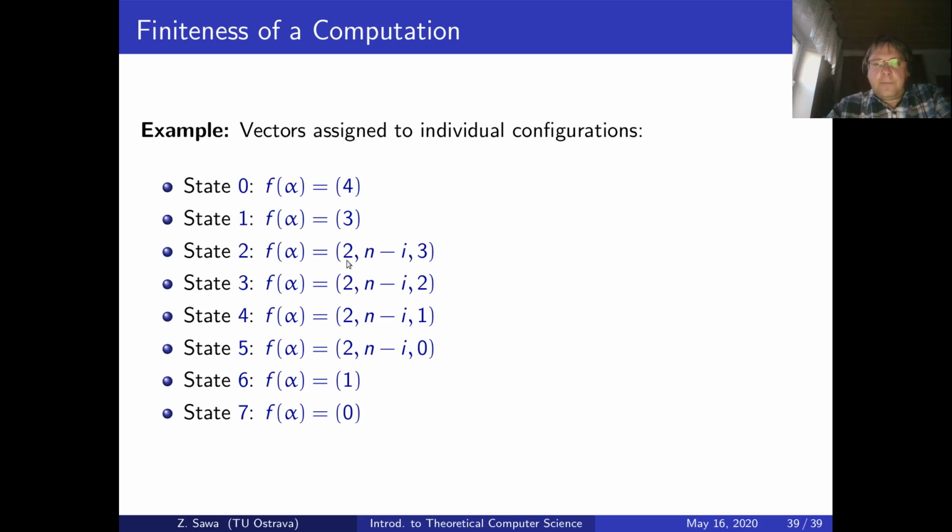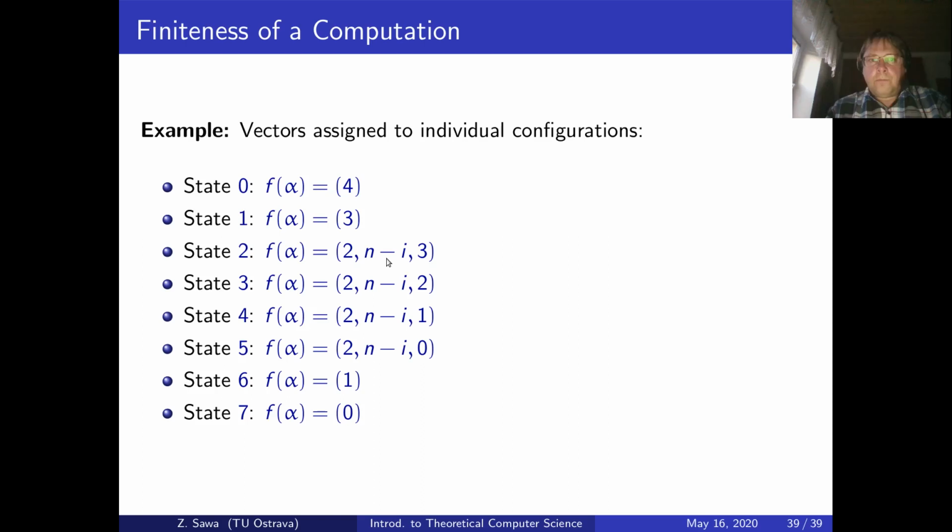So the first element of the vector remains the same, 2 remains the same, but we had some original value of I, and this new I prime equal to I plus 1, so n minus I plus 1 is n minus original I minus 1. So we had a decrease in this second position, so even if this changes from 0 to 3, it does not increase because this value will be decreased on the second position.